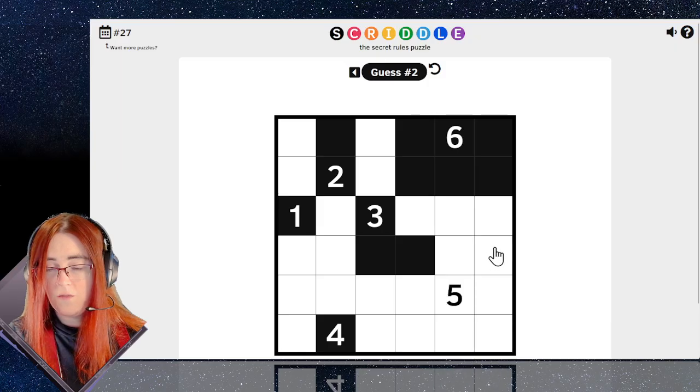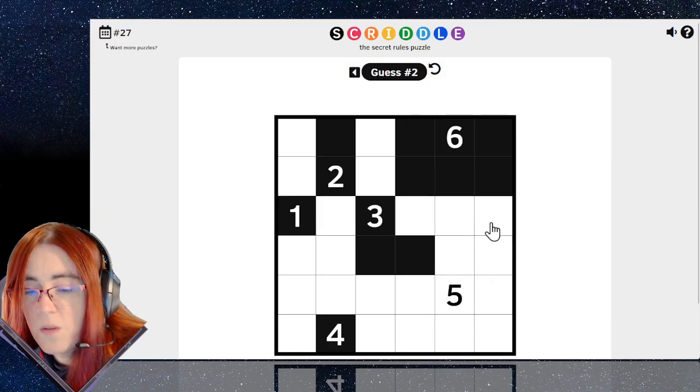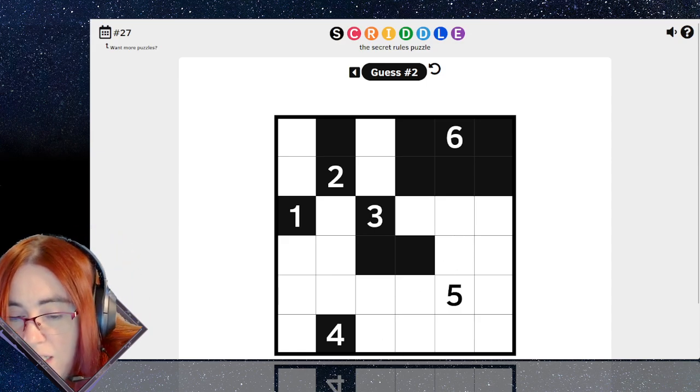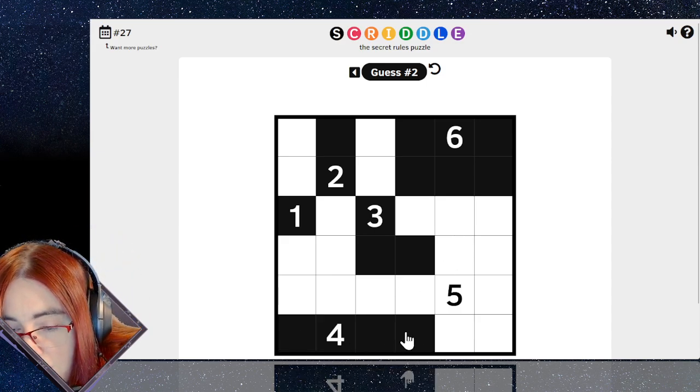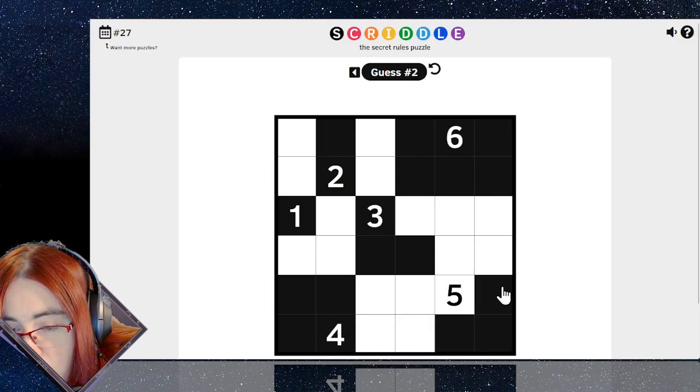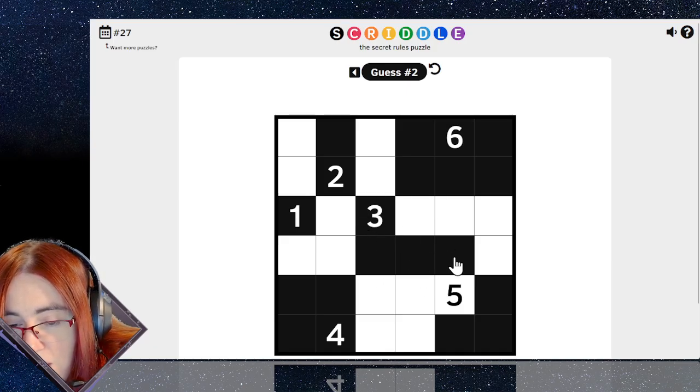So if the 5 is in a white area, it would need to be... What we could do is something like that for the 5, but this is breaking the 3 here, and if we do that, then our 5 gets connected to things we don't want it to be connected to.